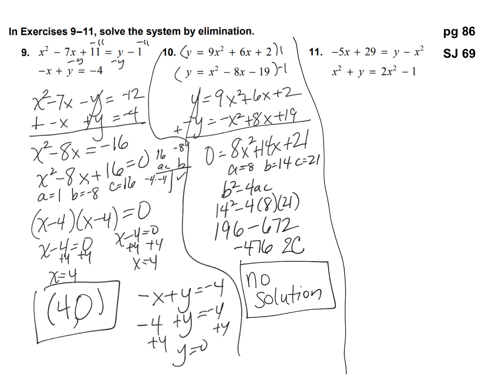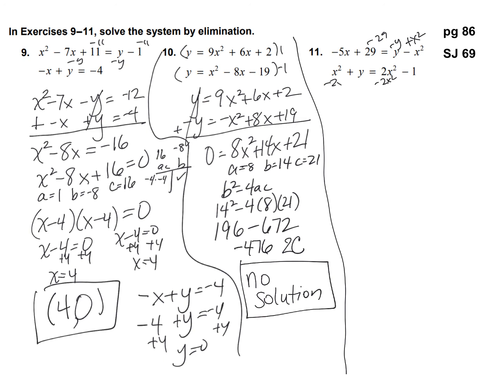Okay, so let's look at the next one. I am going to get x and y squared on the same side together. I think I'm going to add x squared and subtract y just to keep it positive. Subtract 29 here. Going to subtract 2x squared, which then defeats keeping it positive, but it's okay.